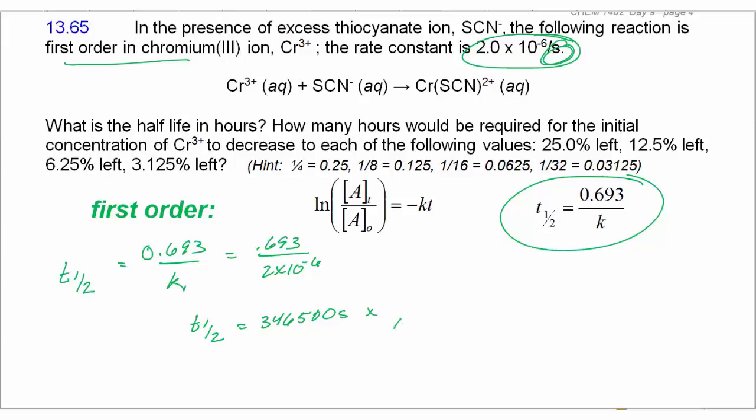So times 60 seconds in a minute, and there's 60 minutes in an hour. My minutes cancel, my seconds cancel, and I'll be in hours. So take that, divide it by 60 twice. You get about 96.25 hours.